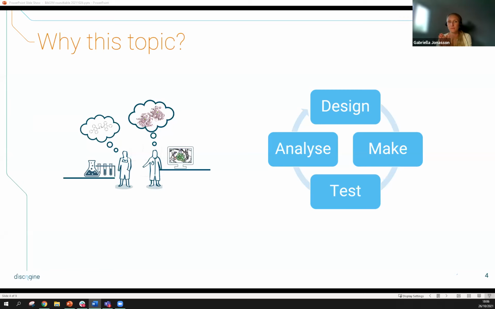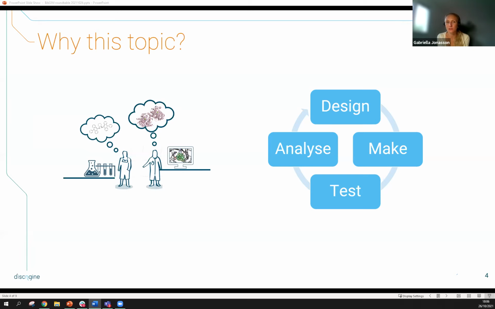But how do you in practice capture 3D information and combine it with information coming from SAR models, matched molecular pair analysis, and molecular descriptors in general? From what we see, it's tricky and often time consuming.